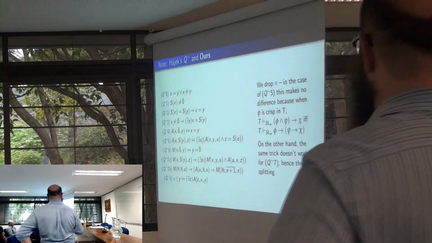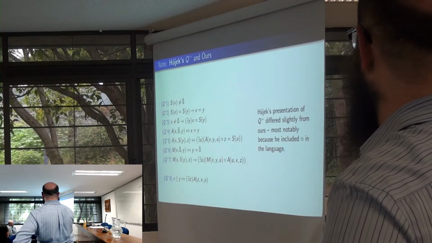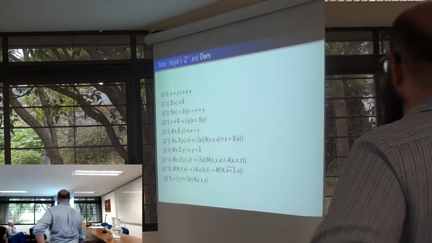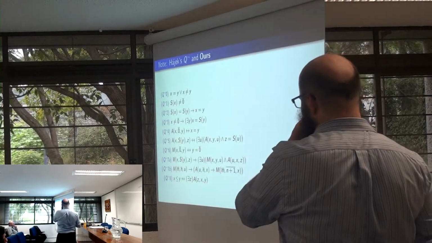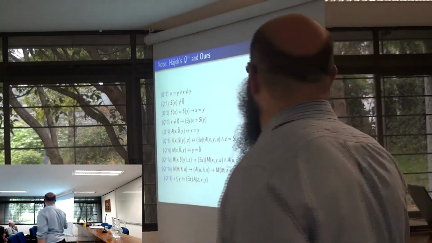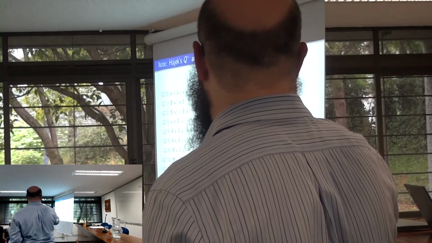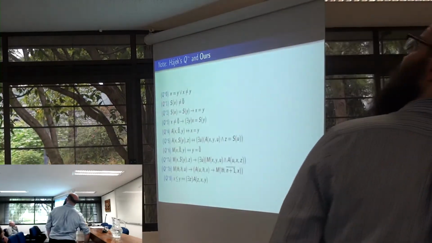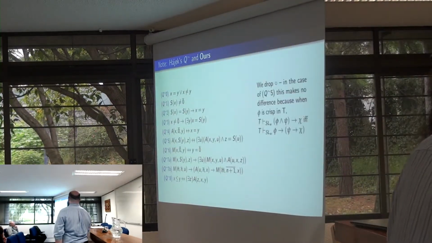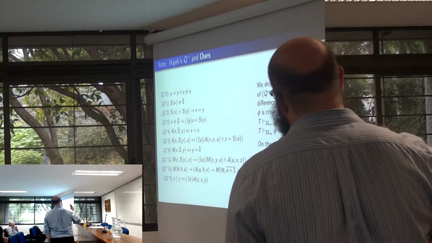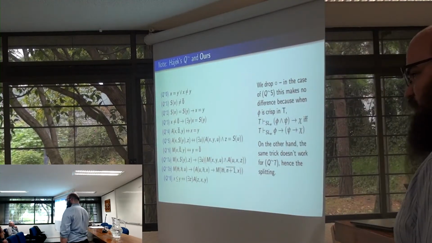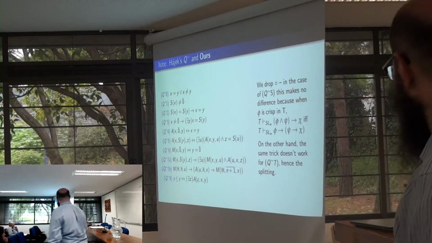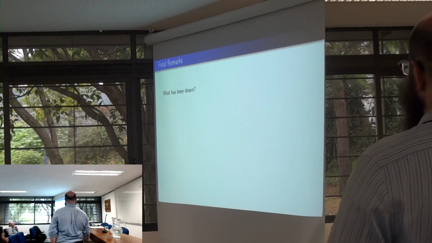The same doesn't quite work for Hayek's Q7, because we don't necessarily know that either of these formulas are crisp. So that one we have to do the manual labor of breaking it up into two halves, the second of which is basically just a fusion-free statement of the left-to-right, or right-to-left, direction of Hayek's axiom. Again, just a tiny bit of housecleaning. In our setting, extended with fusion, Hayek's presentation is equivalent to ours. Hence, the same is true in his system.